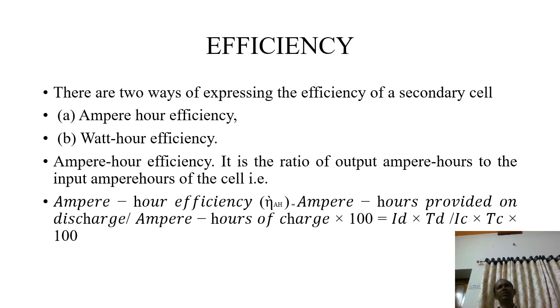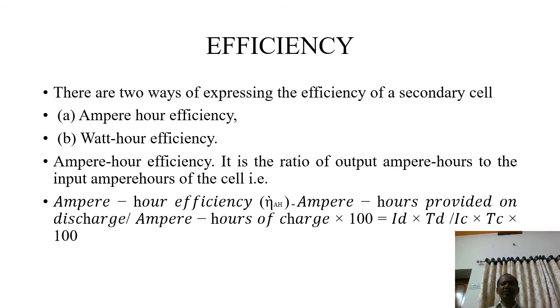Next, we are going to discuss the efficiency of the cell or the battery. There are two ways of expressing the efficiency of a secondary cell: ampere hour efficiency and watt hour efficiency.